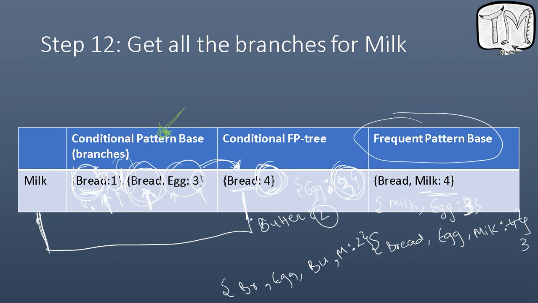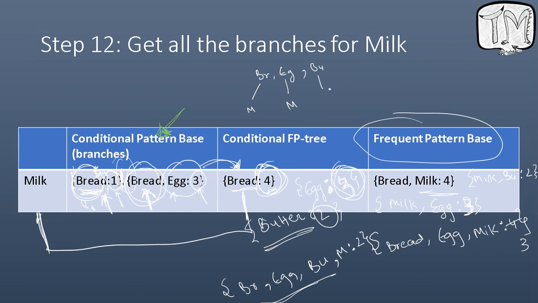So this is how we expand our item set. So here also, since we have included butter, there will be one more: milk, butter with frequency 2. So these are all we are going to create, and since we have only created one last, there will be n combinations. So let me just put it here. We have bread, we have egg, okay, we have butter. With milk, there will be one here: bread and milk.